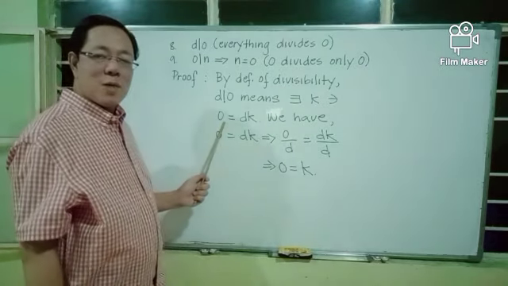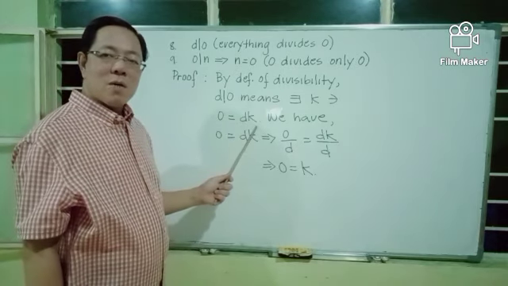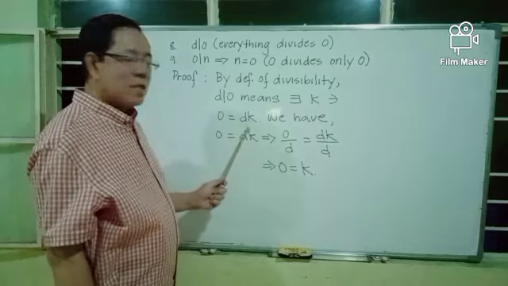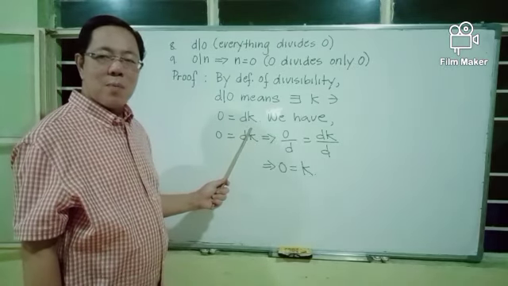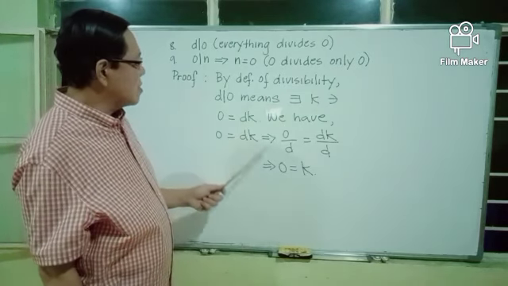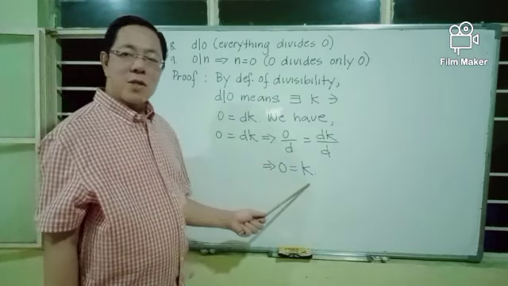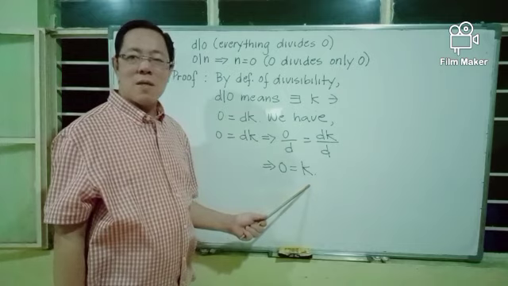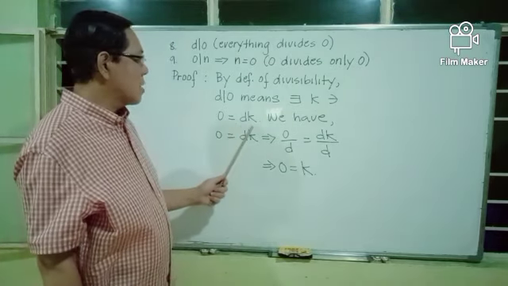Therefore, this equation will be satisfied: 0 equals d times k, where the integer k is 0 and d is any integer, negative, 0, or positive. Therefore, we have shown that the integer k exists and k is 0, such that 0 is equal to d times k.